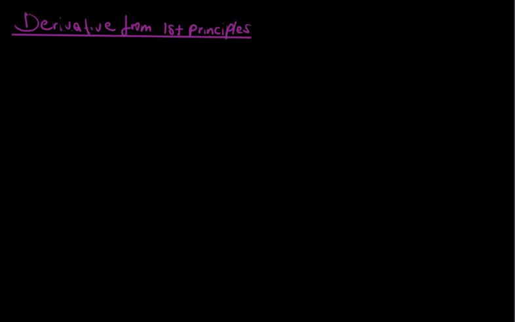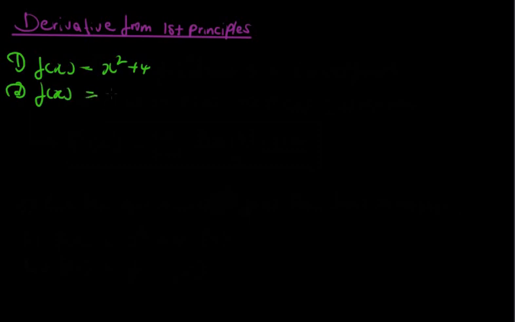Okay, so let's try to answer the previous question. Let's just remind ourselves, we had f of x equal to x squared plus 4, and we had f of x equal to 1 over x.